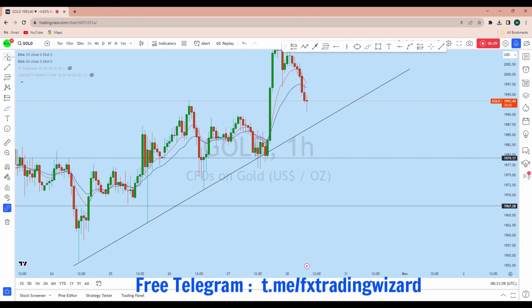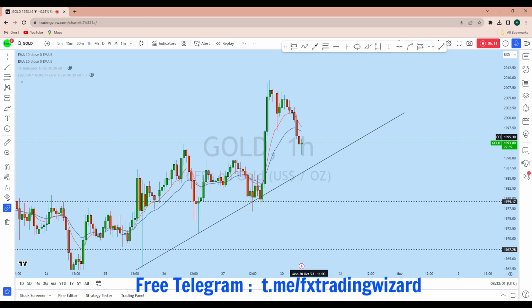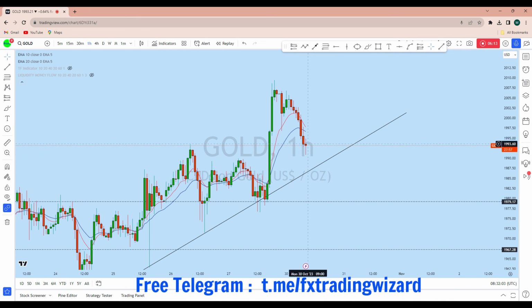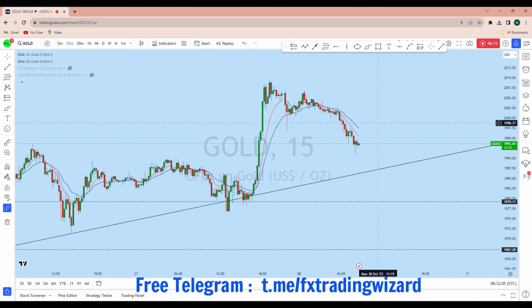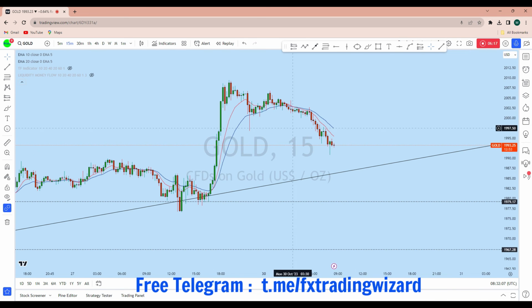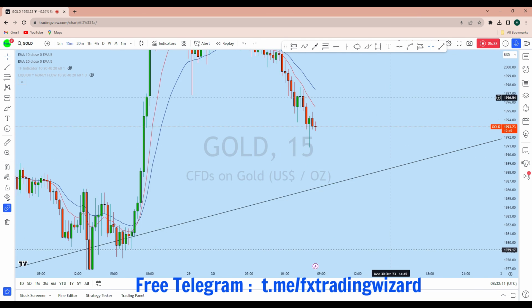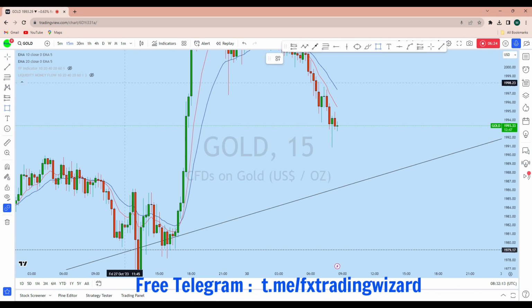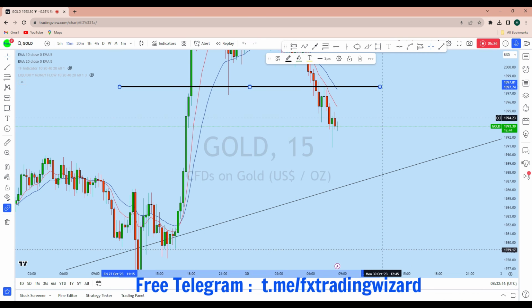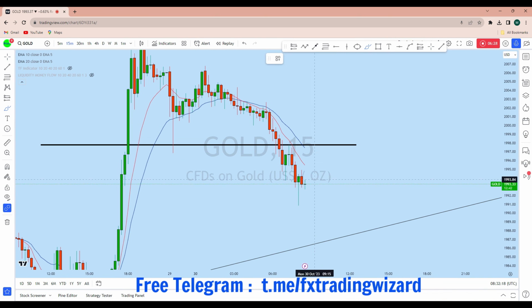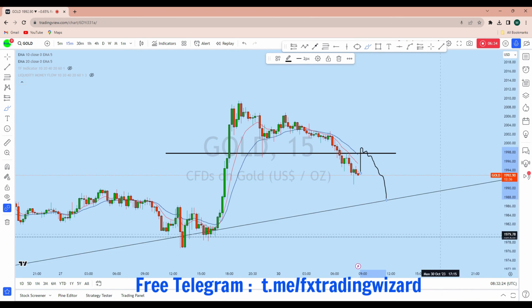At the moment, what we will be waiting for on gold: as you can see on the lower time frame, even in the 15 minutes chart, it's maintaining a sharp downtrending market structure. We'll look for a selling opportunity on any break of the swing high. If we see gold has broken any of these highs along the way, we can expect some downtrending movement in this market.